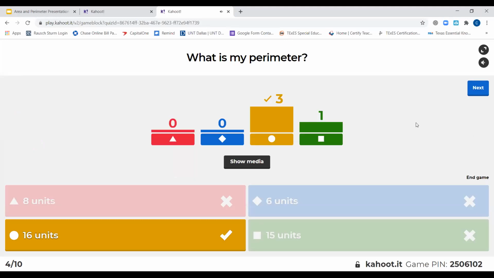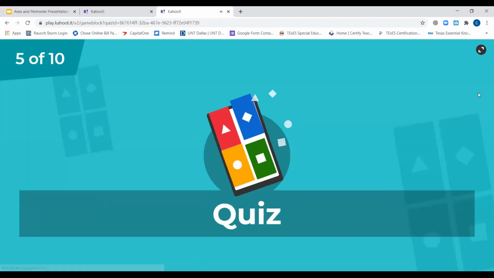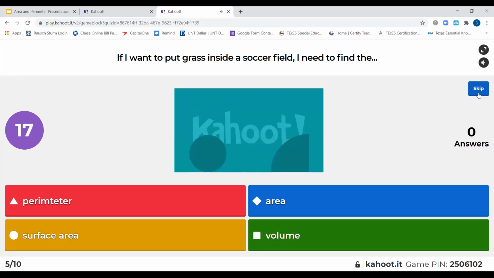Okay. Perimeter is around the outside, and you can add up all the sides, or you can do 2 times the length plus 2 times the width. Okay.